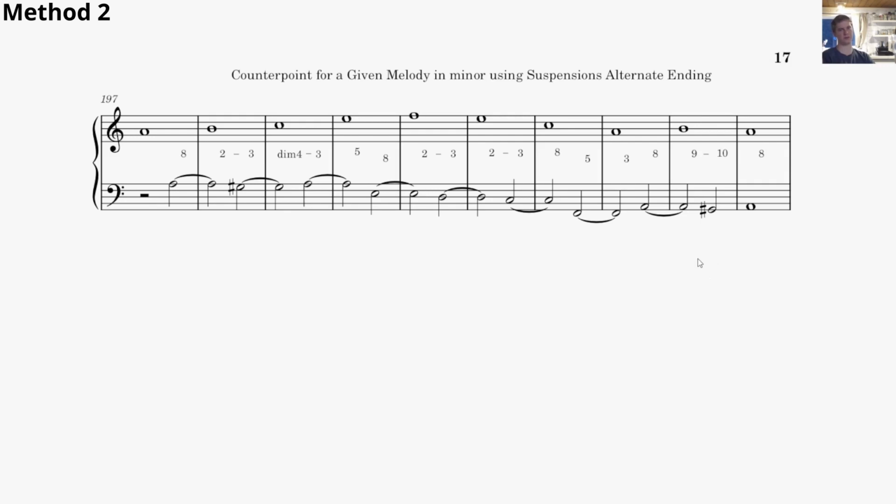Okay, so pretty obvious, but it's good to point out the fact that when you're writing your counterpoint above the given melody and you have a dissonant suspension, since it's majority of the time going down that step, your suspension above is always going to be going down. So if you have a dissonant 4 suspension, it's going down to a 3 to be resolved.